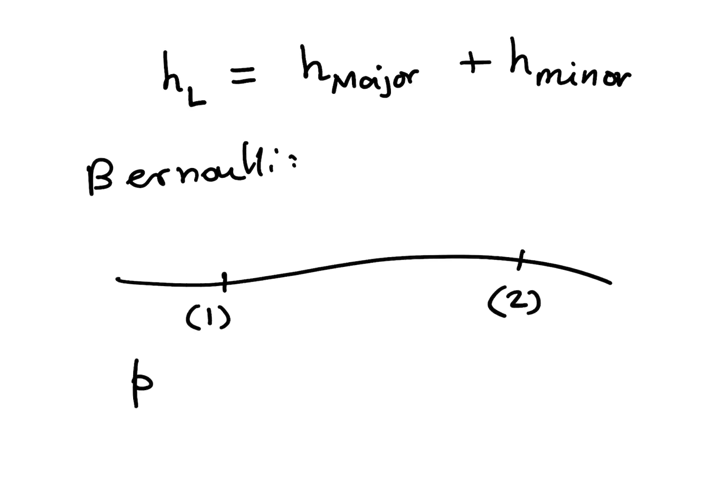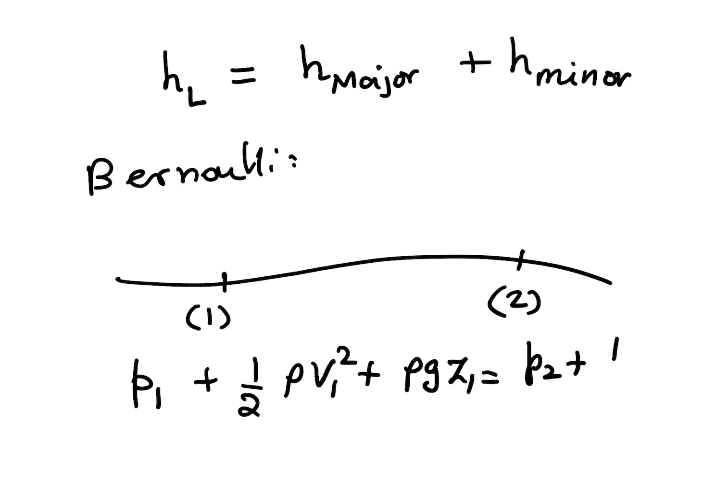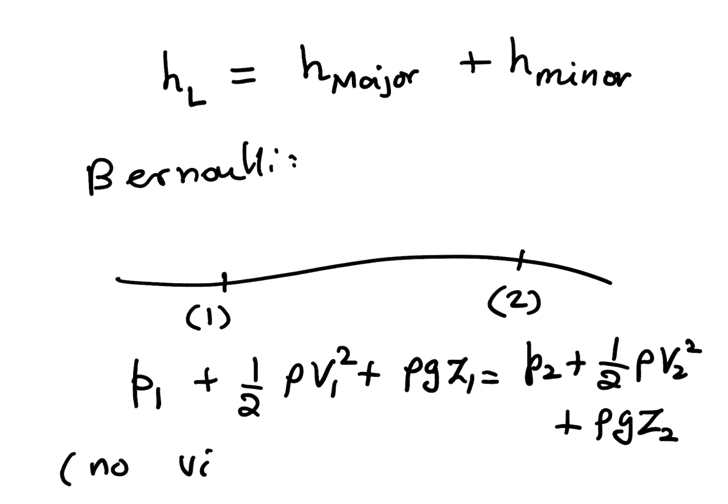Your presumption is P1 plus half rho V1 squared plus rho G Z1 equals P2 plus half rho V2 squared plus rho G Z2. This is the Bernoulli equation in which there is no viscous effects or no friction.